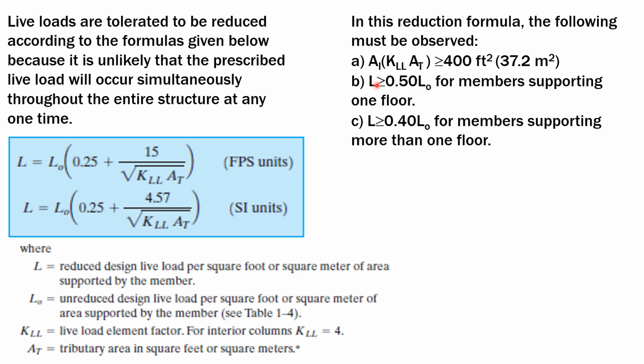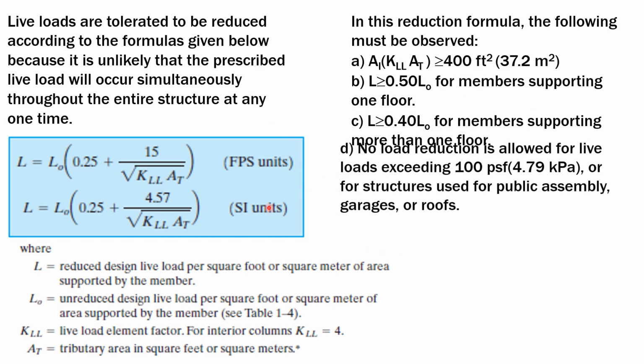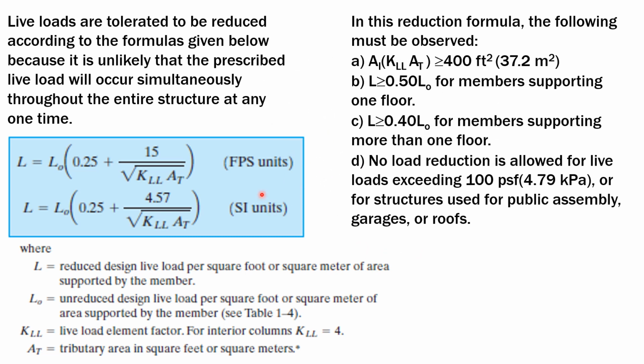If the reduced live load is less than 0.5 of LO for members supporting one floor, then use 0.5 of LO. For members supporting more than one floor, if L is less than 0.4 of LO, then you have to adopt 0.4 of LO. That's the meaning of that. Then D: no load reduction is allowed for live loads exceeding 100 pounds per square foot or 4.79 kilopascals, or for structures used for public assembly, garages, or roofs. They are not to be reduced.